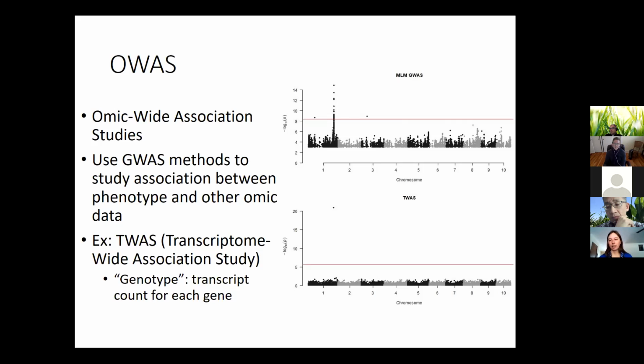As for the data set, in this case, for the TWAS, we used a subset of about half of the lines that we use for GWAS, just because of the realistic logistics of collecting that much RNA. And we specifically got RNA from 24-day-old kernels, and we used tag-seq rather than a full sequence RNA-seq.